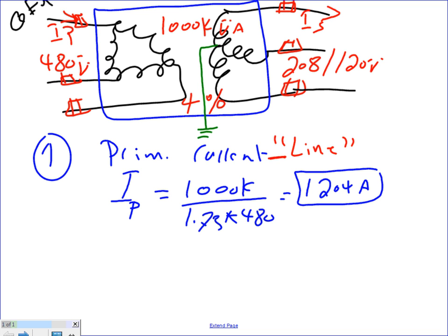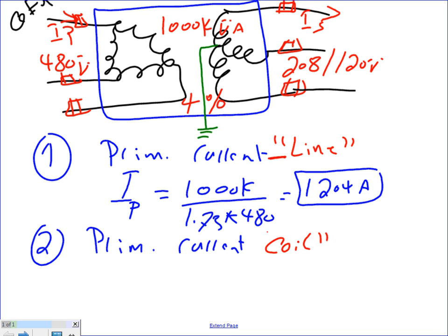Piece of cake. The second one, I need the primary coil current. You guys remember the coil from Gary's days? The coil is right in here. I coil. So I'm asking you to find I primary coil. The first one was line.